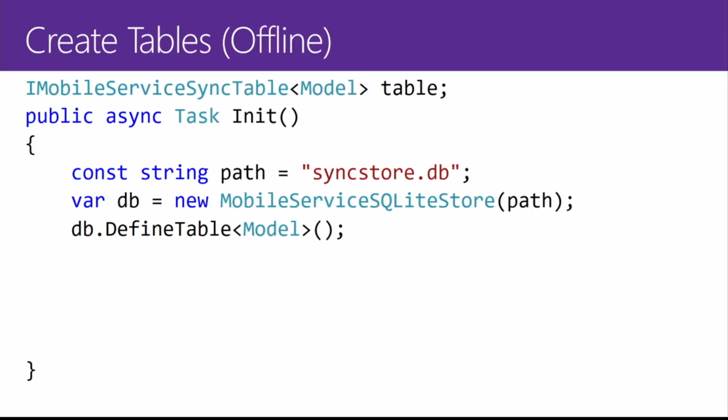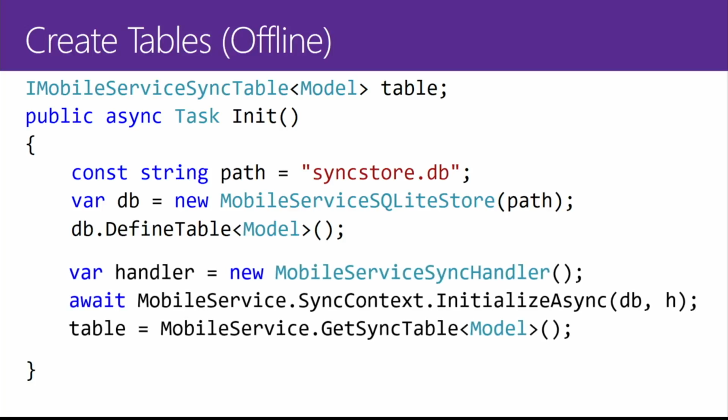If you want to do it offline, there's a little bit more work to do. The first thing is you have to set up a database on the back end. Now, Azure Mobile Apps provides access to a SQLite database, and you have to put that somewhere on the store. So you have to set up that first, and then you define the table in that SQLite store.